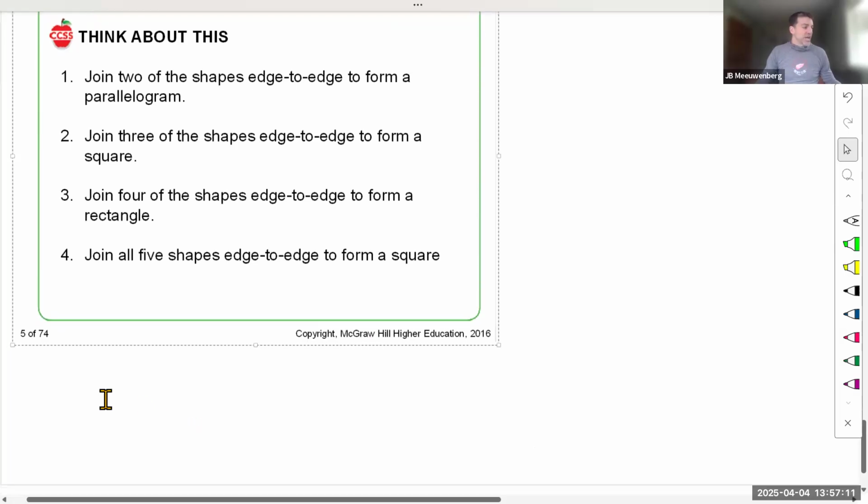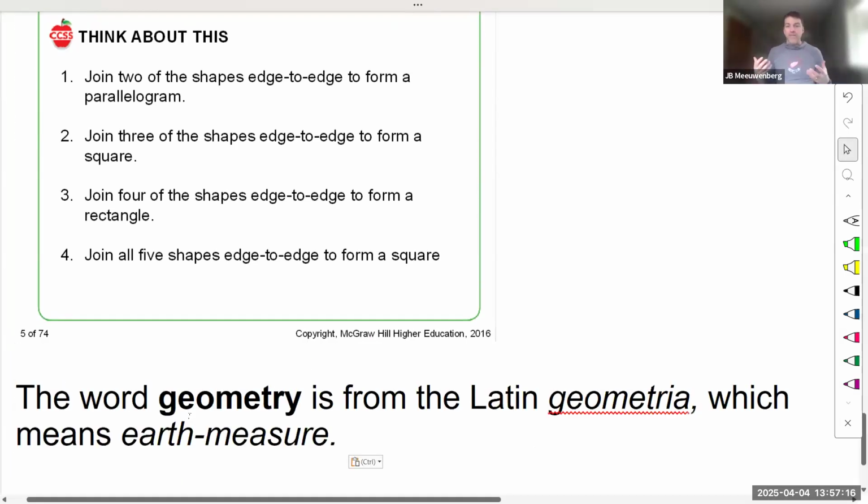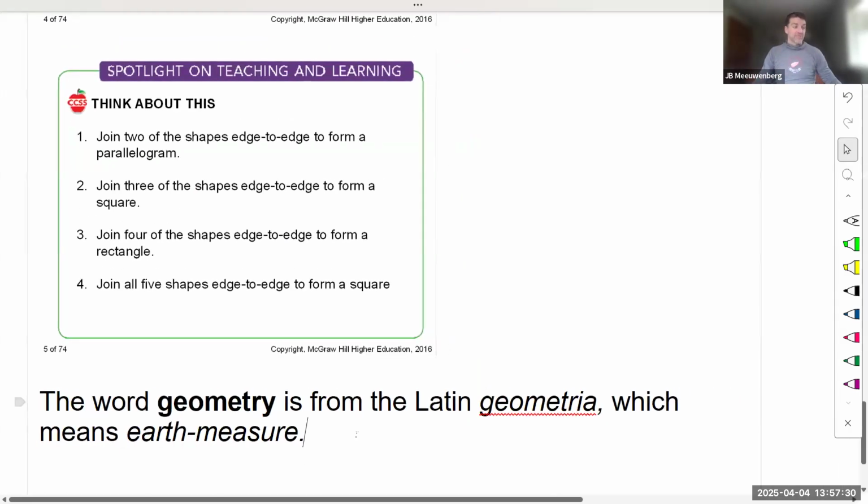Like, what is geometry? Well, it comes from the Latin word, and it means earth measure, right? Geo, you think about the prefix geo, geology, right? Geography, all those have to do with the earth, with the world. And geometry is literally about measuring the earth.